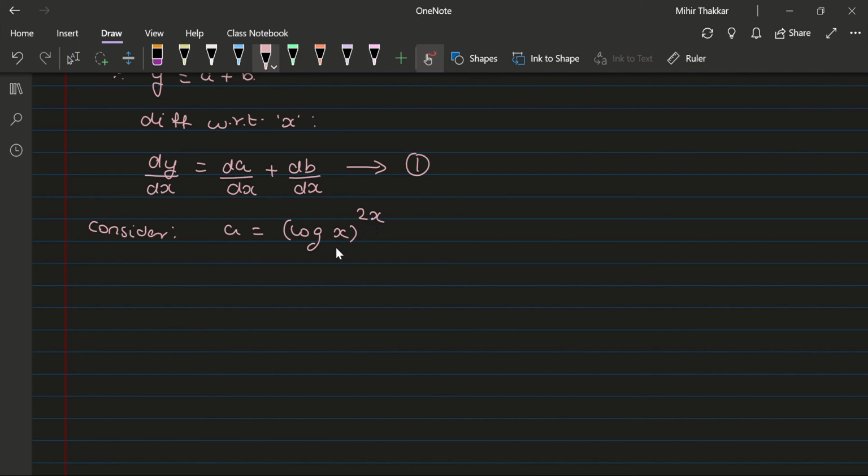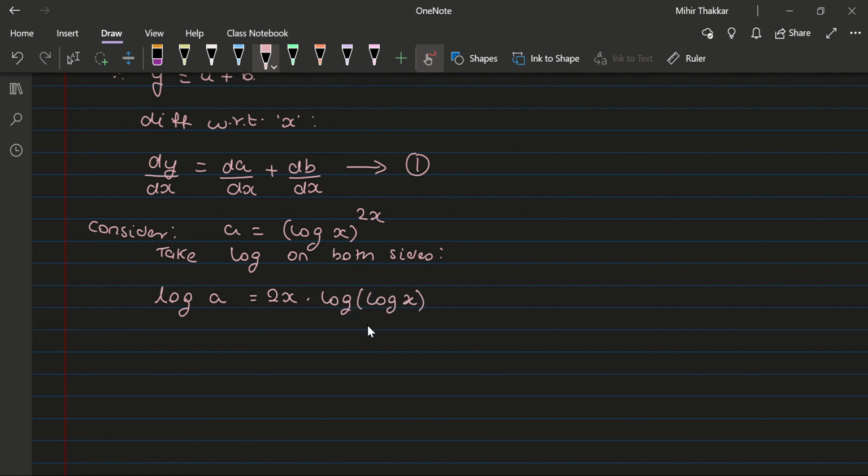Therefore, we have to take log on both the sides. So when we take log on both the sides, you will get log of A. We can directly take this 2x in front. So I get 2x into log of log x.